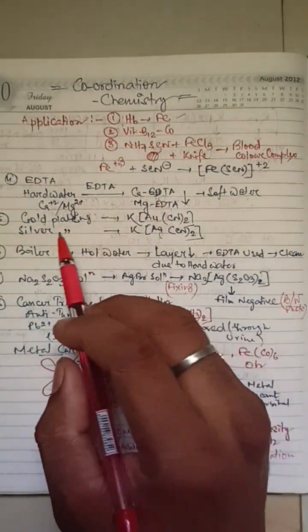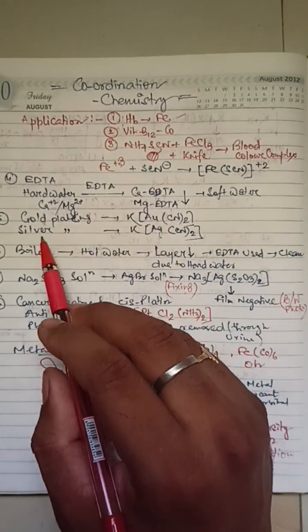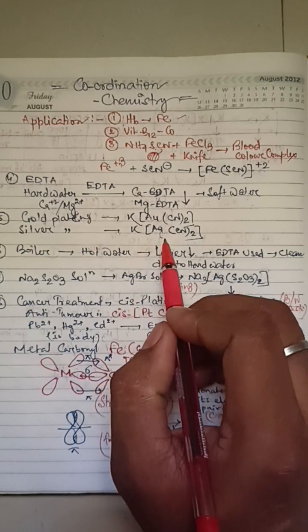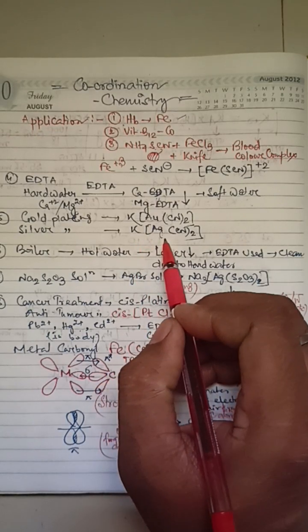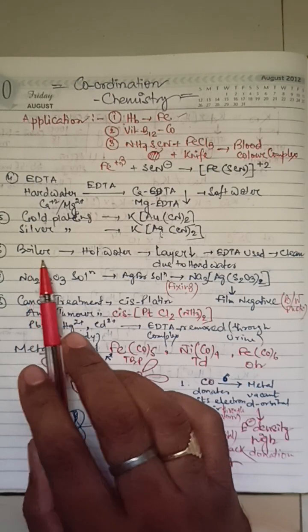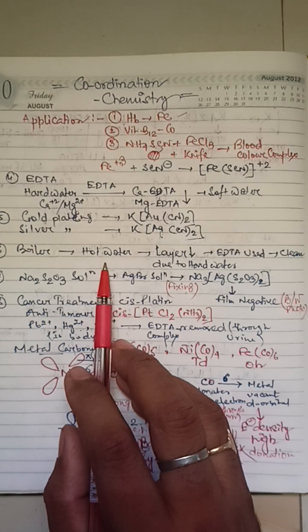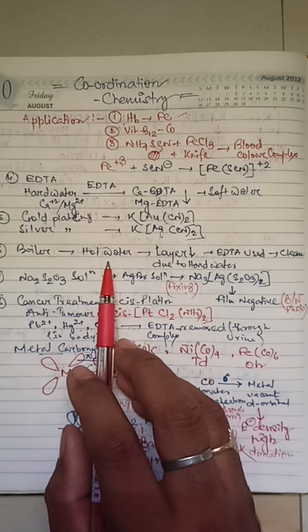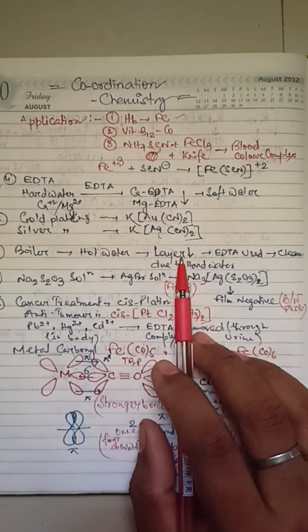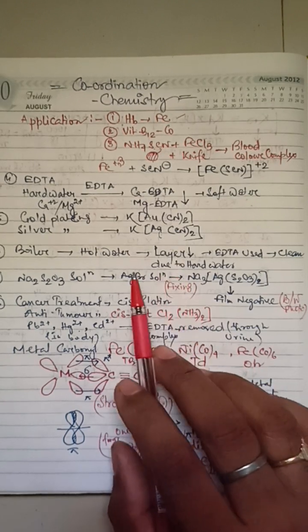Now, in gold plating we use potassium aurocyanate, and in silver plating we use potassium argentocyanate. We have already discussed this in our previous classes. Now, in the boiler industry, pots containing hot water develop a thick layer due to hard water in the utensils.